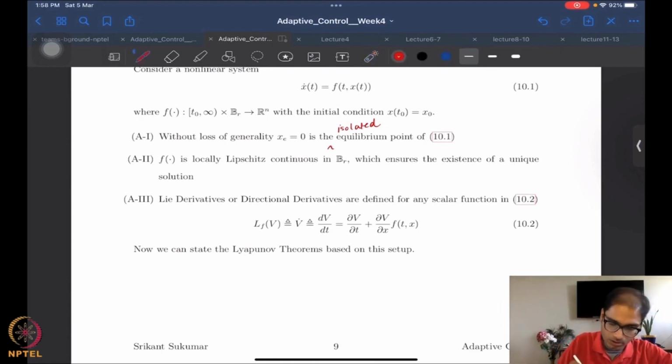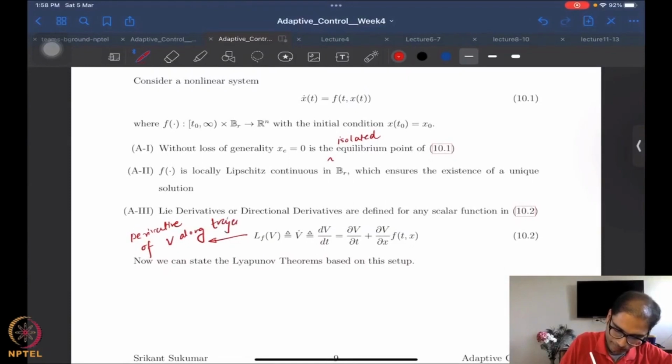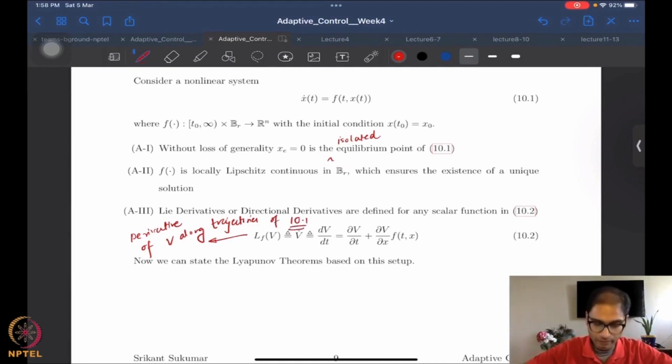This is sometimes also denoted as the derivative of V along trajectories of 10.1. Okay, so this is very important.